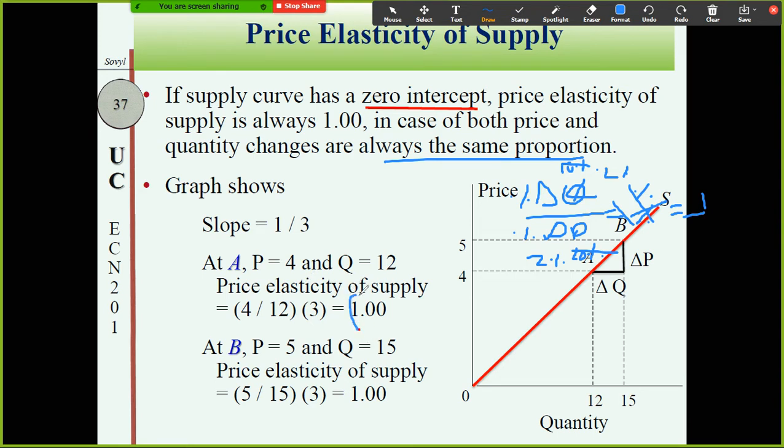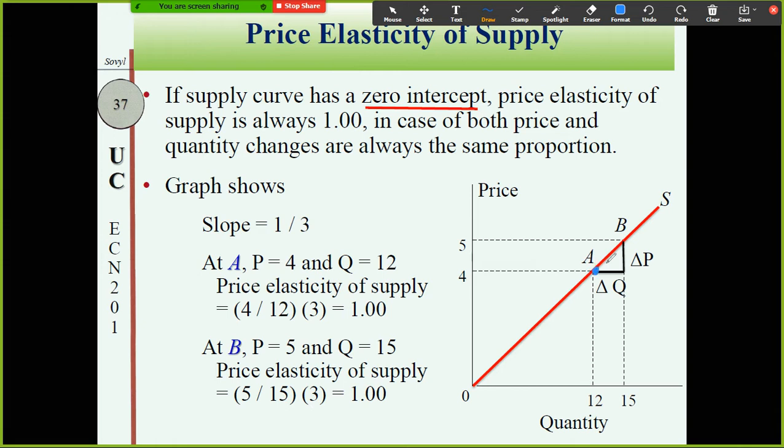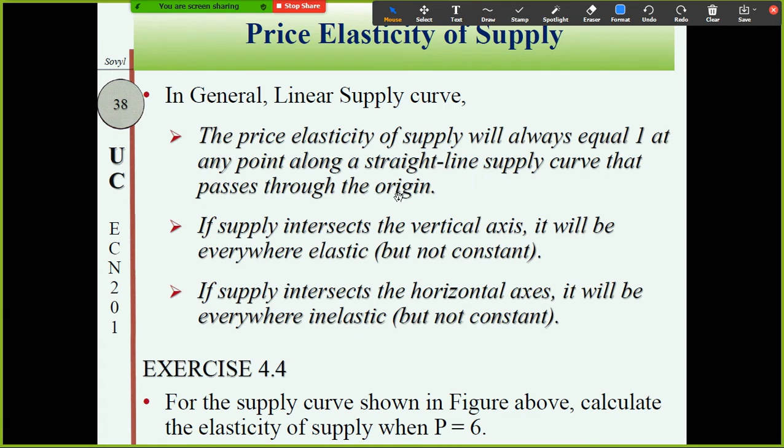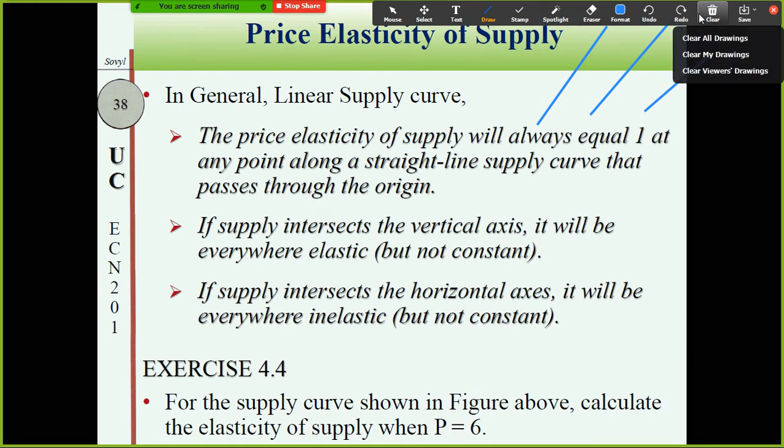This is only for zero intercept. Points 1A and 1B are always equal to 1. In general, a linear supply curve, that means a straight line supply curve, should be like this one.